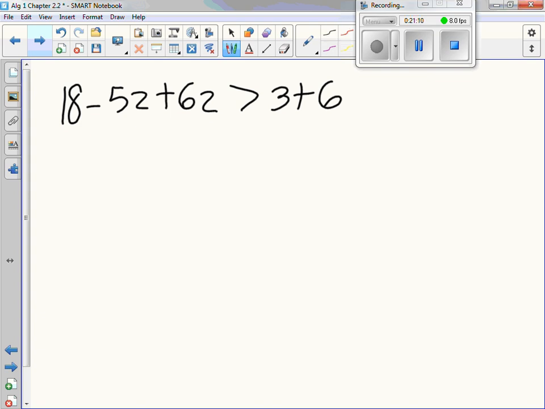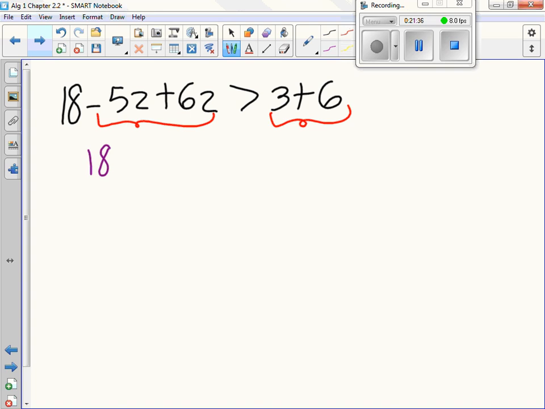Now, when we look at these here, we're going to combine like terms. So anything with a variable is like terms, yes? So negative 5z and 6z are like terms, yes? 3 and 6 are like terms. What is negative 5z plus 6z?